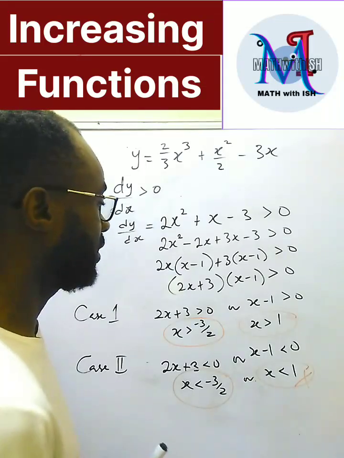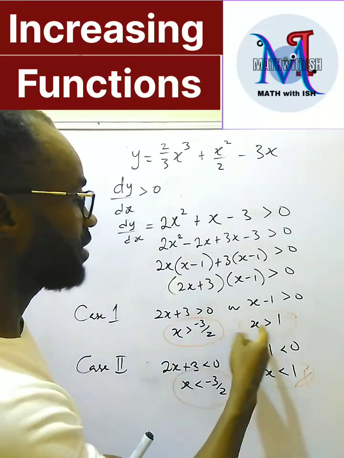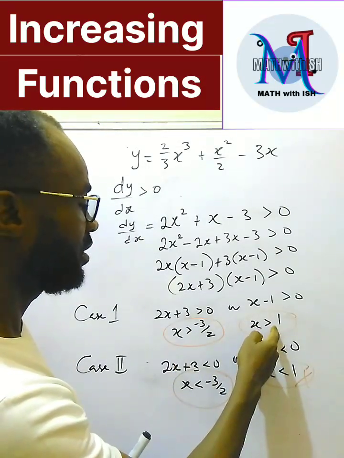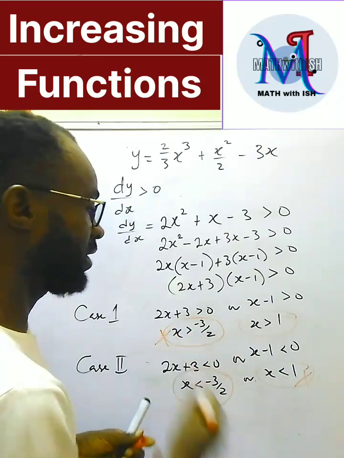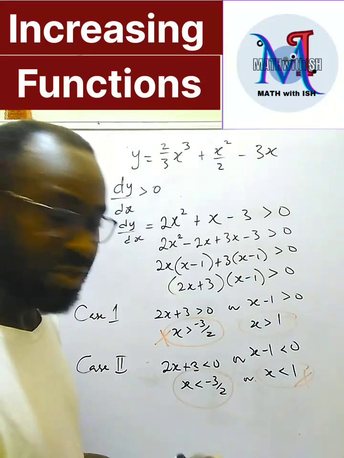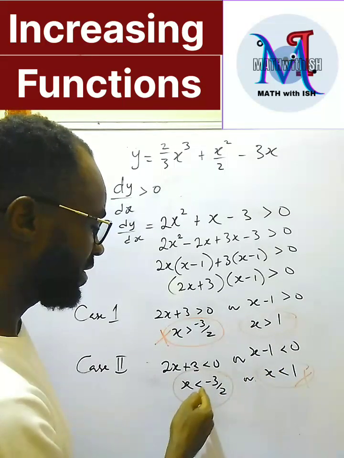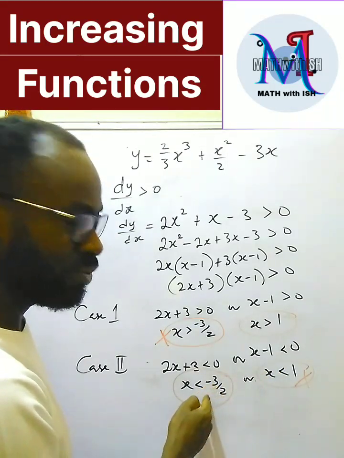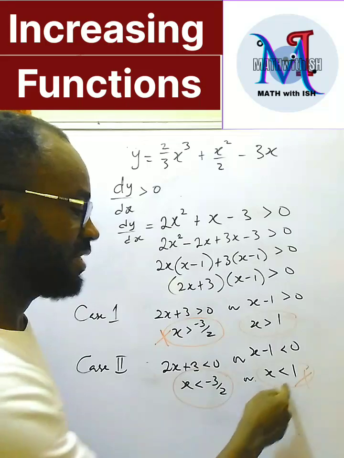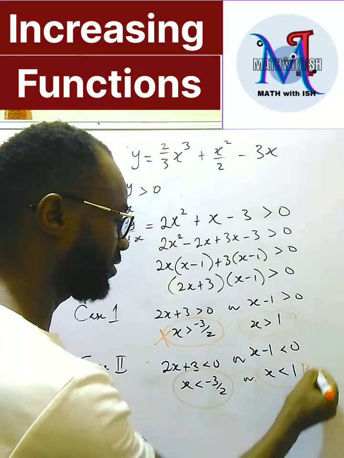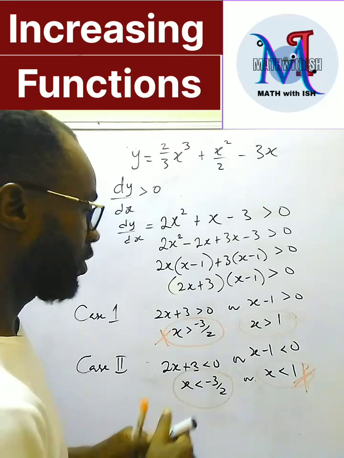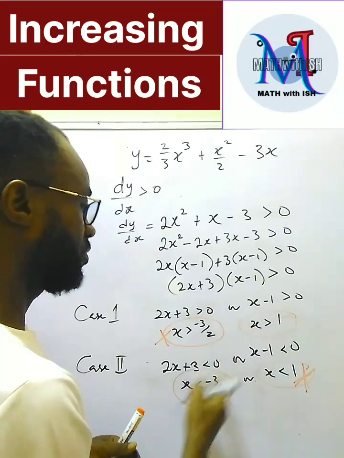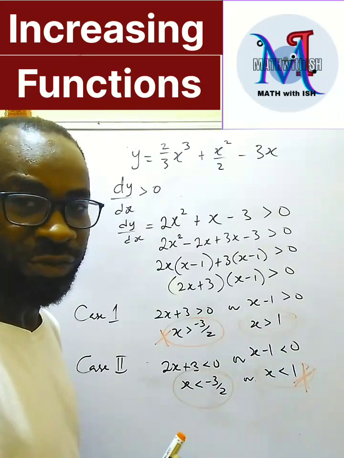Here, if x is greater than 1, definitely x is automatically greater than minus 3 over 2, so this is also redundant. I repeat, if x is less than minus 3 over 2, automatically x is less than 1. So this is redundant, and we are going to take these 2 as our main solution.